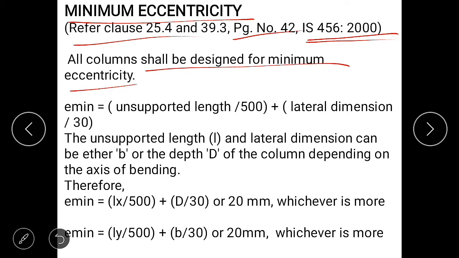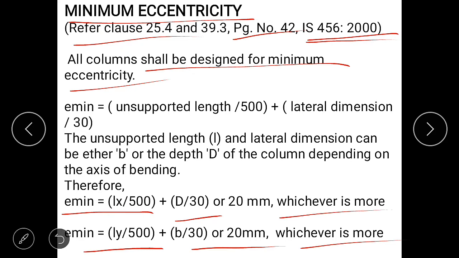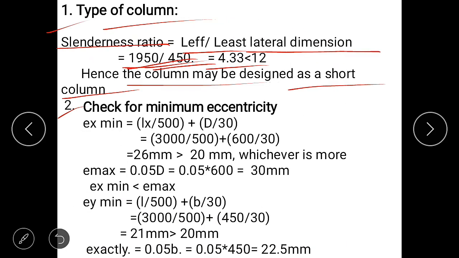Here the value is given as Lx divided by 500 plus D divided by 30, or E minimum Ly divided by 500, use whichever is more. So to calculate minimum eccentricity, Ex minimum is Lx by 500 plus D by 30. Lx means length, which is given as 3000.